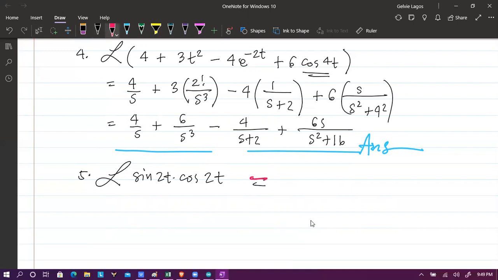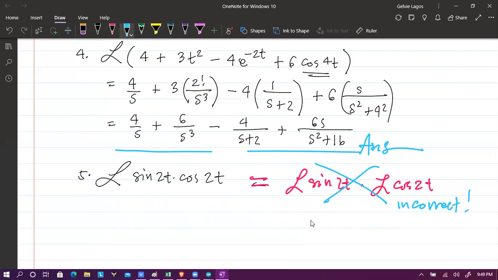Most of you will do this: the Laplace transform of sine 2t and the Laplace transform of cosine 2t. Take note, this is incorrect. You cannot do this. This is not equal because that is incorrect. So this is a common mistake for the students who are beginners of Laplace transformation.